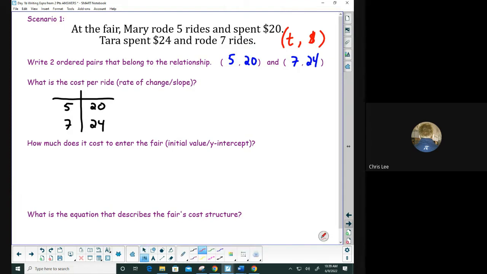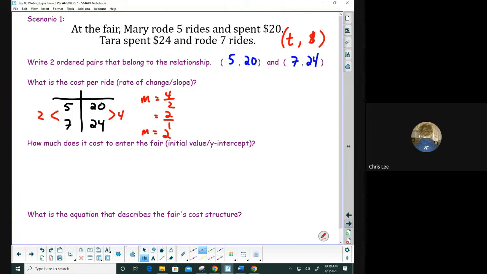Write this down. How much do you jump from 20 to 24? And from 5 to 7? 2. M is 4 over 2, 2 over 1, or just 2. So we figure out the slope.